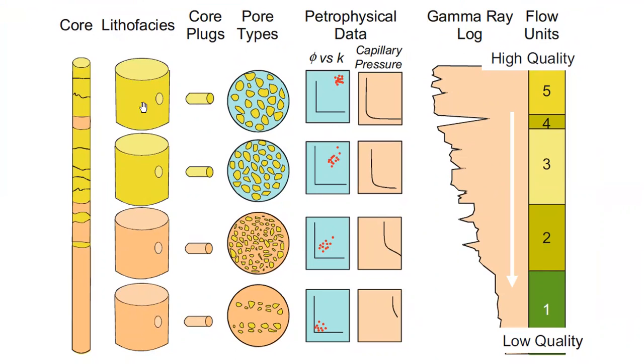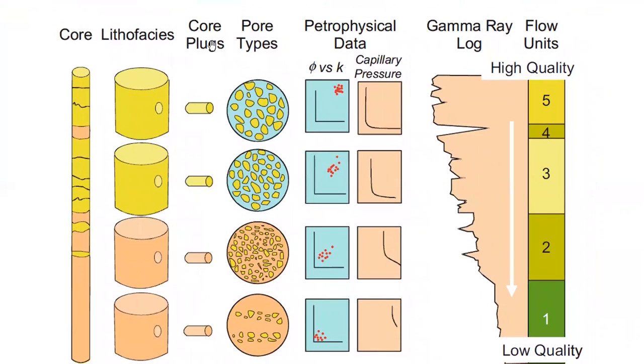And from this body of rock, we take core plugs. We have core plugs 1, 2, 3, and 4. They are different. Then we analyze using a microscope, and we see the pore types. For the first class, it's like this.